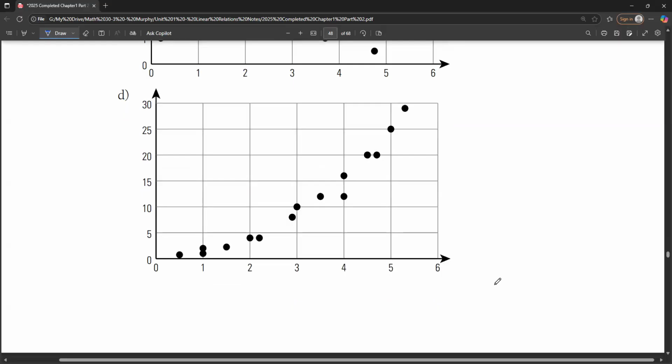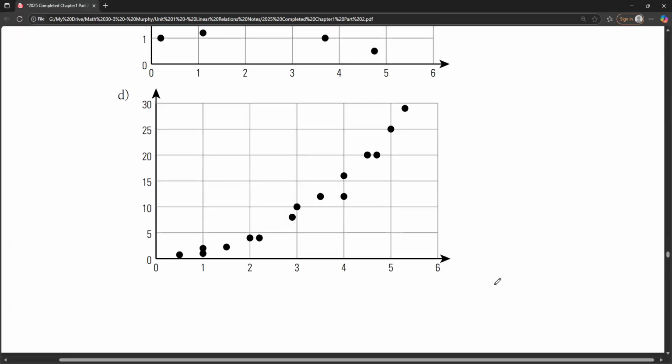D, the data points seem to be a nonlinear relation, and it actually looks quite exponential to me. There is a positive correlation because it starts on the left and rises to the right. The points are quite close together, so we would say this is a strong correlation, and I don't see any outliers. And that is the end of Lesson 11, Part 1.